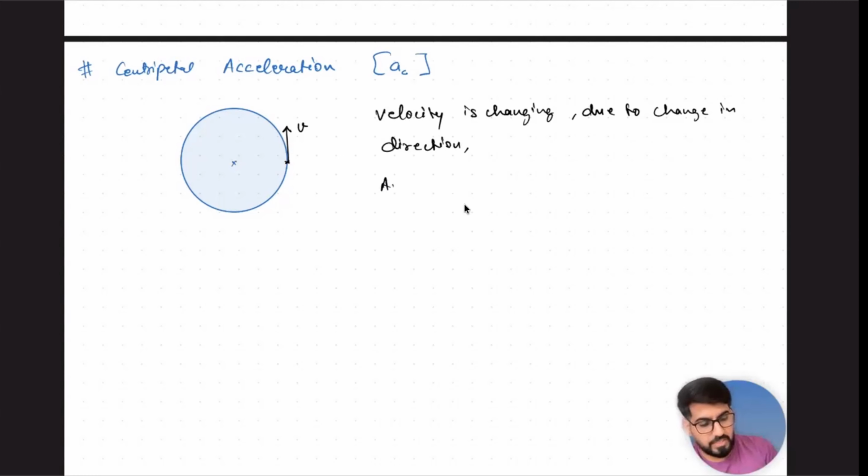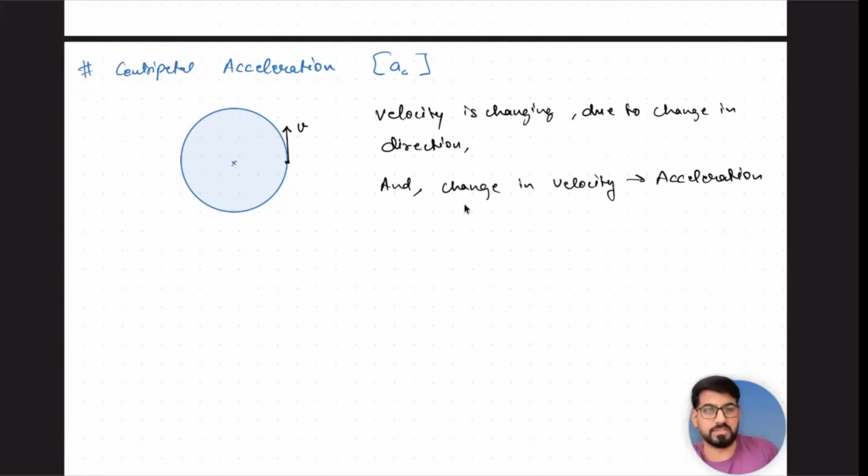And we know that change in velocity leads to acceleration. That is how we define acceleration. Acceleration is the rate of change of velocity.